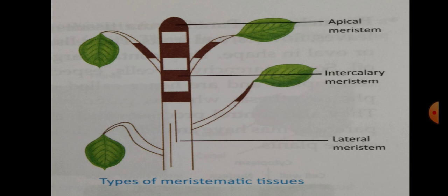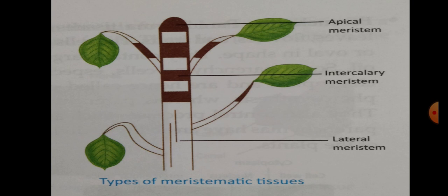Here we can find two types of lateral meristem: vascular cambium and cork cambium. The vascular cambium accounts for the production of cells and tissues that increase the thickness or girth of the plant. The cork cambium produces the outer bark.